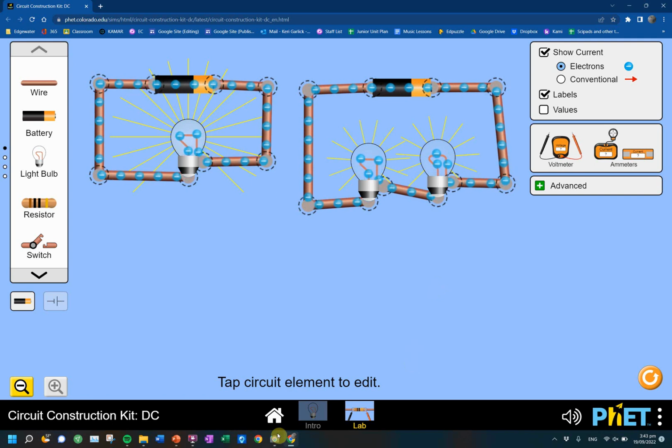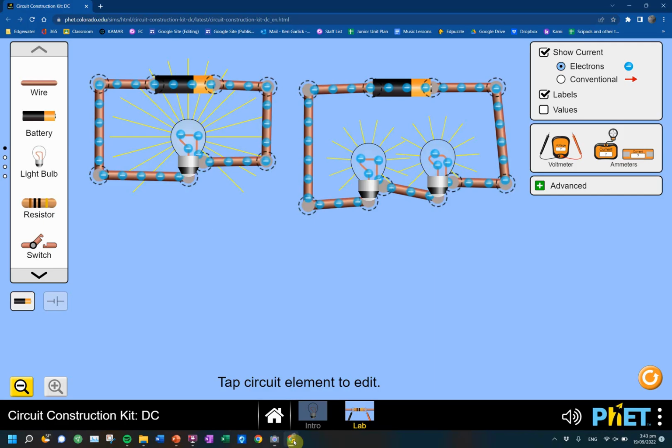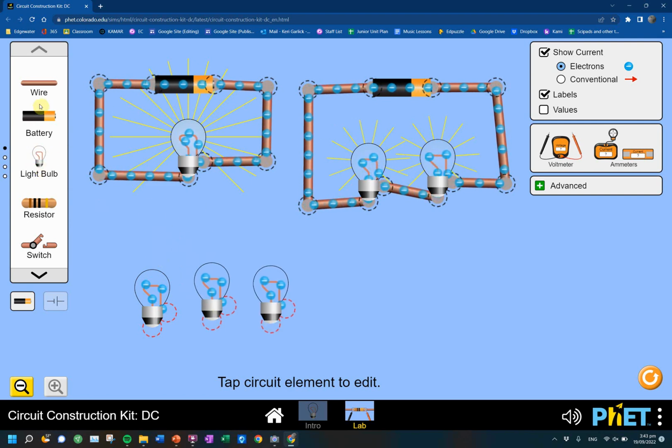Okay, let's now go to the third one. So the third one wants us to connect 3 light bulbs to a power source. So let's do that. 1, 2, and 3. We have, again, our power source, our wire.